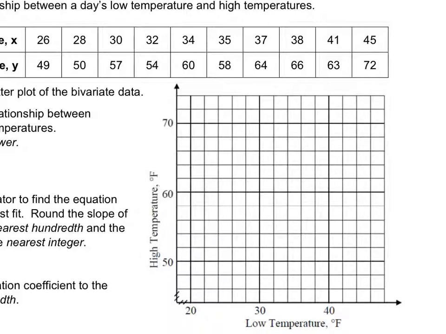And I'm going to create a tick. So 26, 49 would be right about there. 28, 50 is going to be right smack on the, well, okay, that's not smack on it. That's not smack on it either. Still not smack. That's smack. All right. 30, 57, 246 ish.